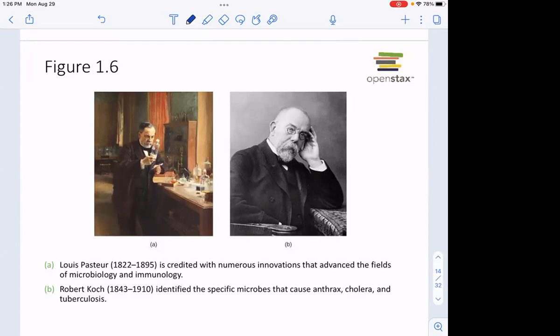They were contemporaries during this time, doing a lot of their work in the 1850s, 60s, 70s. Louis Pasteur was a French scientist. Robert Koch was German. They were on opposite sides of that war, hated each other, so they worked on very similar things, but they didn't collaborate.